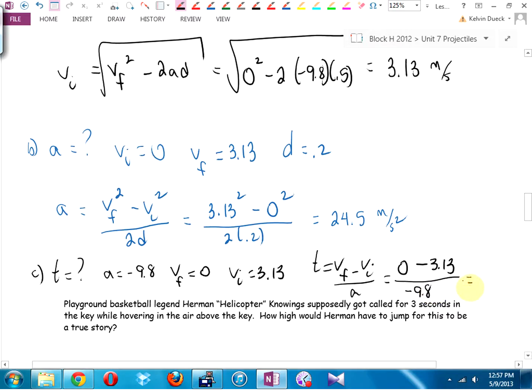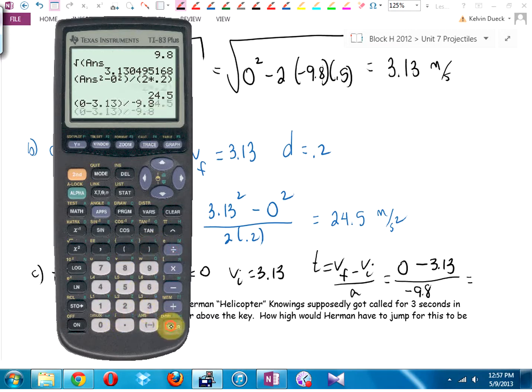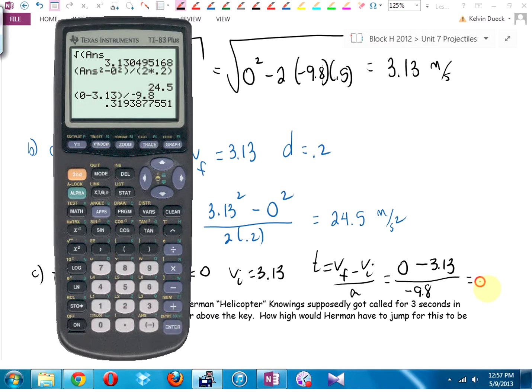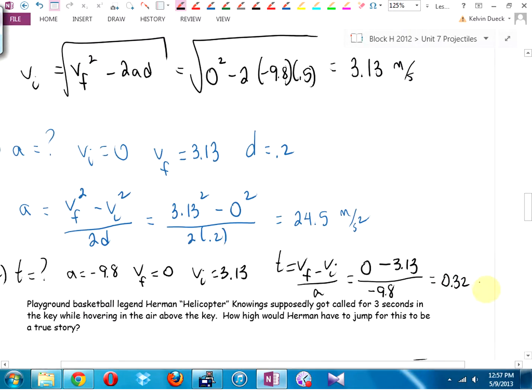What do you get? Point 0.32? Why is that wrong?